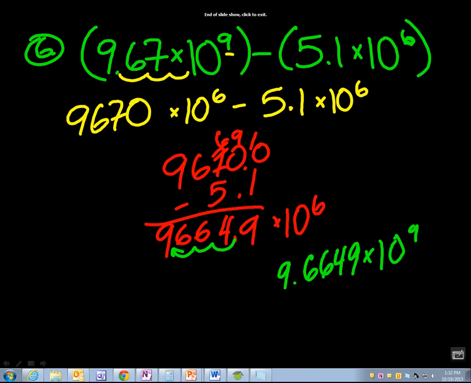Any questions? Yes. The zero, the placeholder? Yeah, make sure zero has a placeholder. Okay. Does anybody not have this one? Okay.